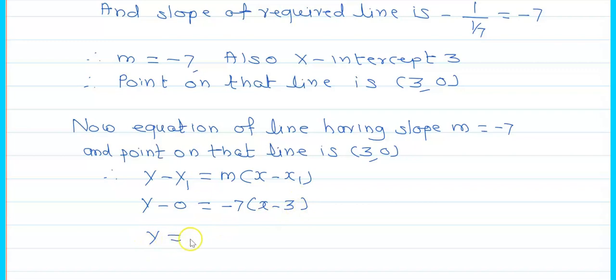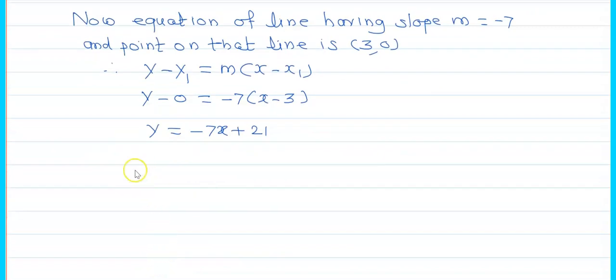Therefore y equals minus 7x plus 21. Okay, and hence 7x plus y equals 21.